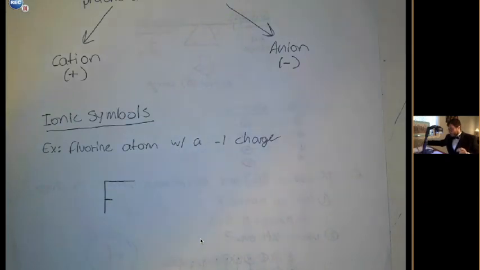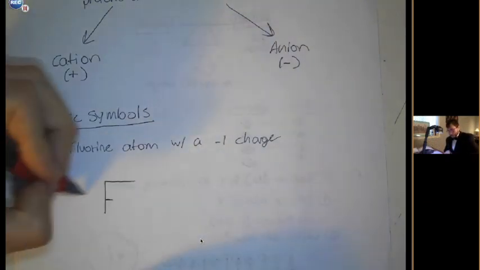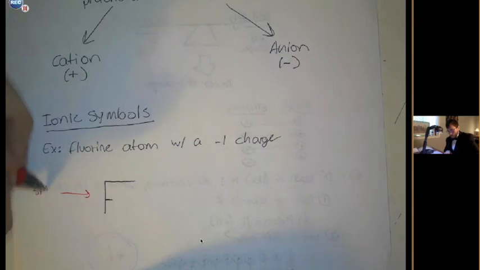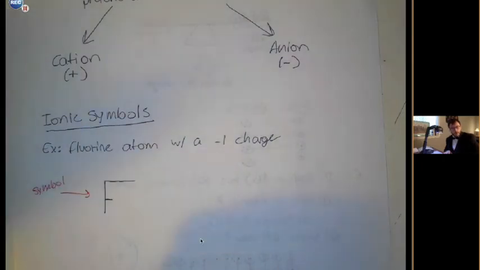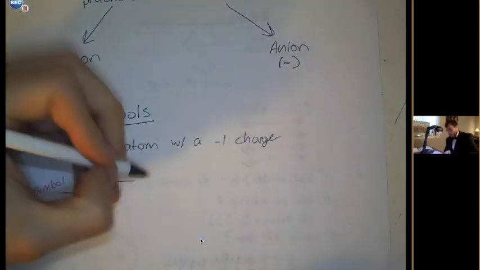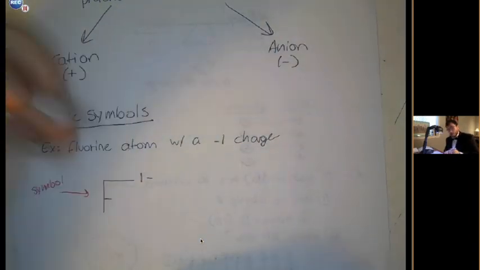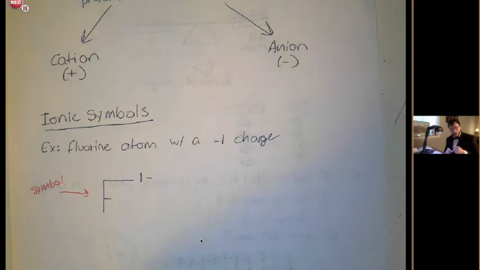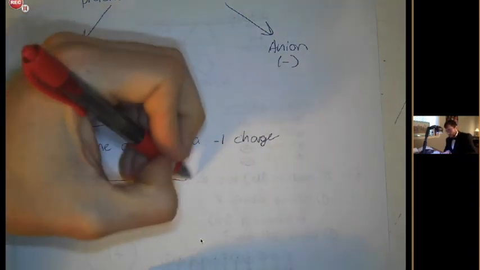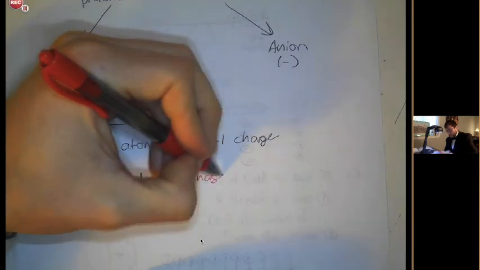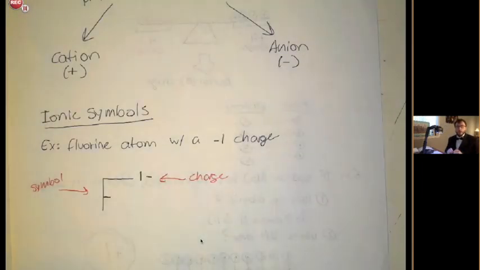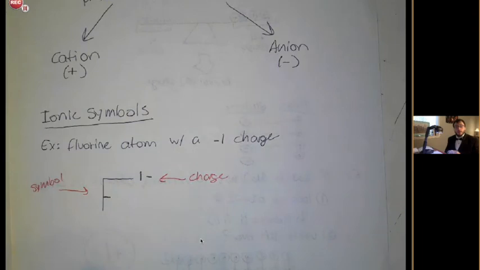So I'm writing down the symbol, and then in the top right, I'm going to write the charge. The negative 1 is the charge, and I wrote that in the top right-hand corner. That's all I have to do in order to write an ionic symbol.